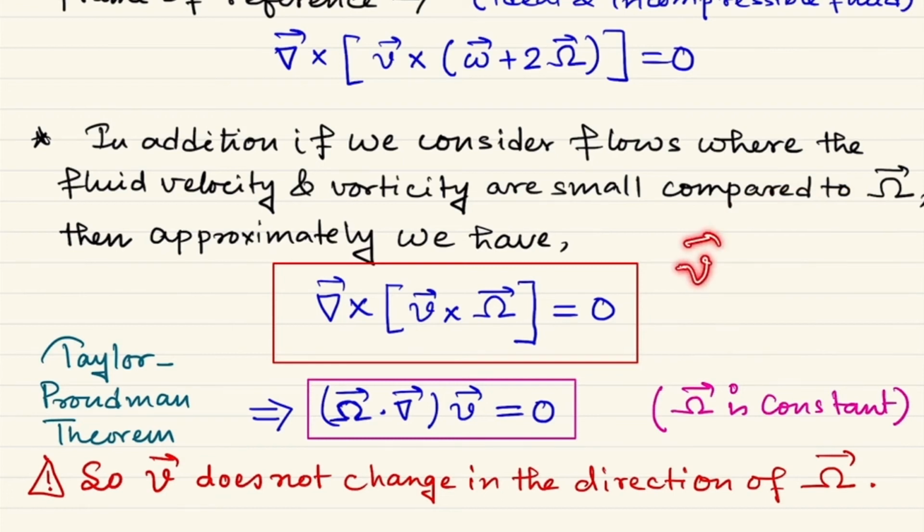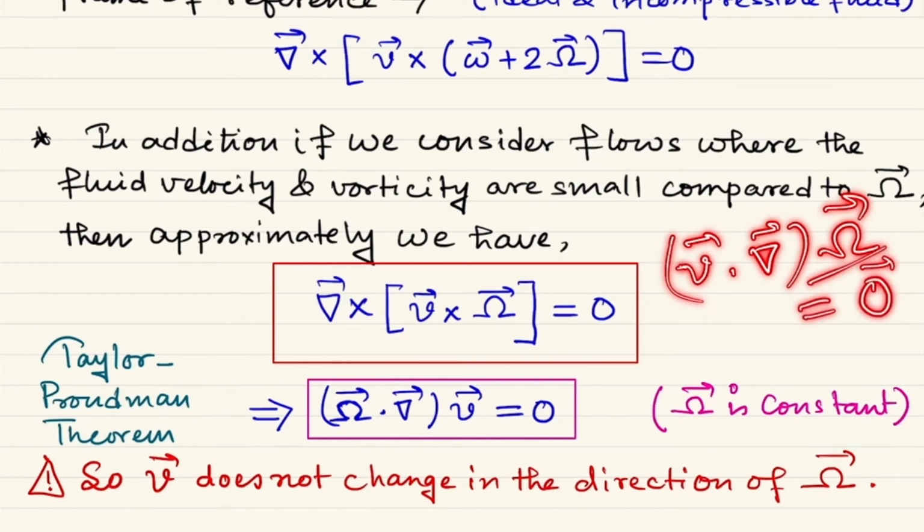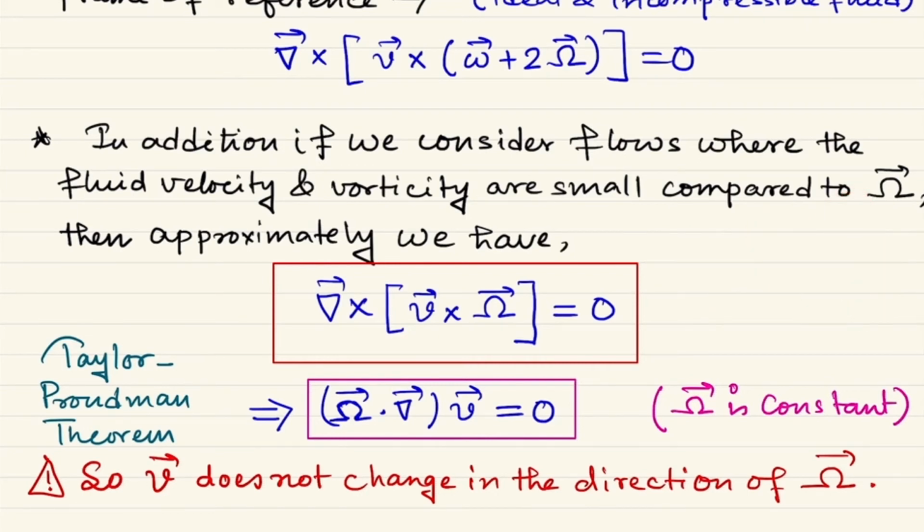One will be v dot nabla omega, which will also be equal to 0 because omega is constant. And finally, the 4th term, the rest, will simply be omega dot nabla times v, and that will be equal to 0, so the whole thing should be equal to 0.